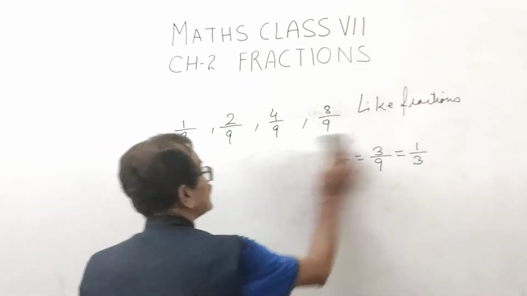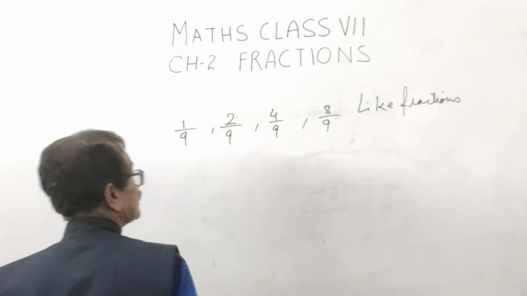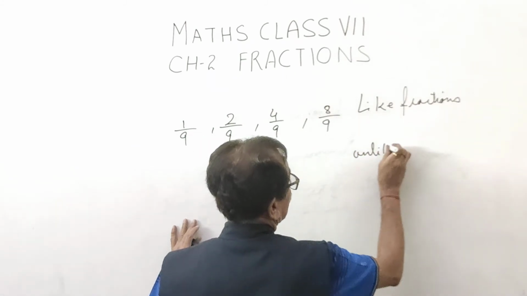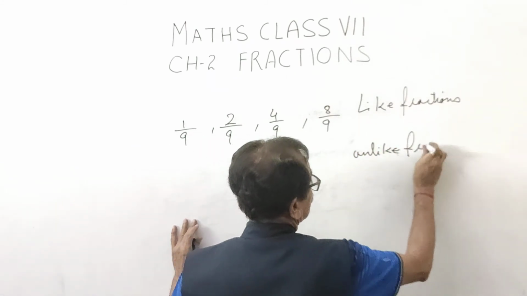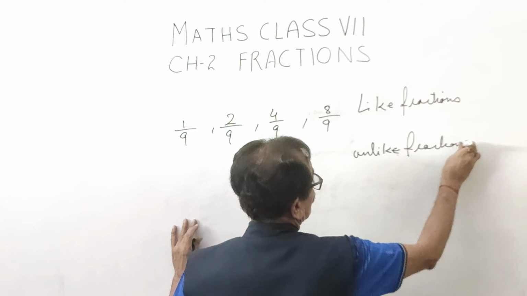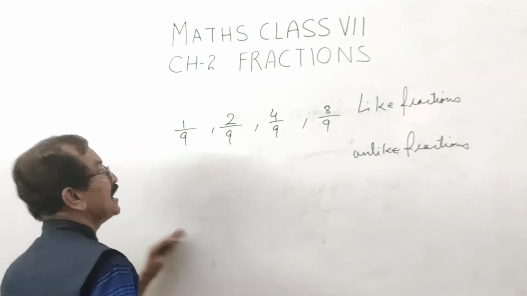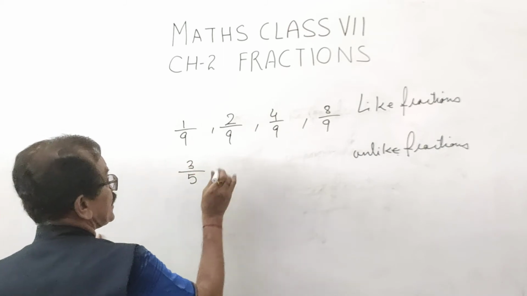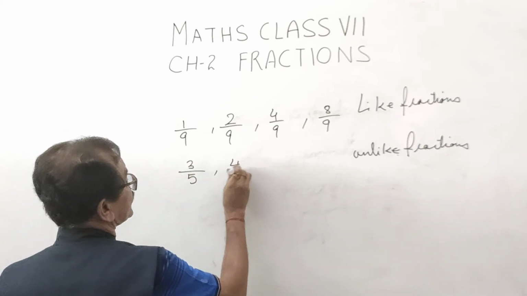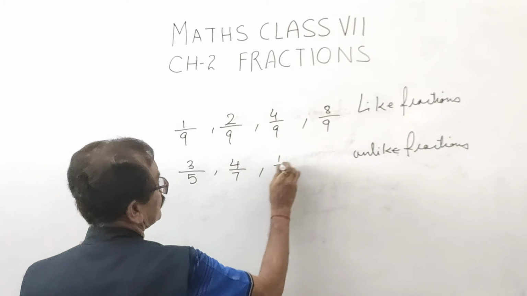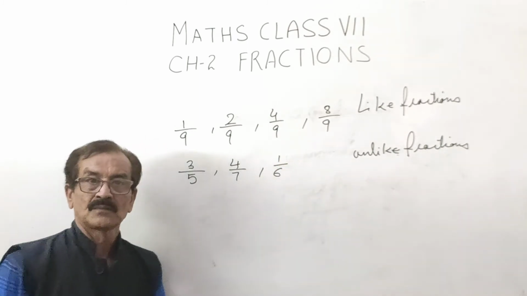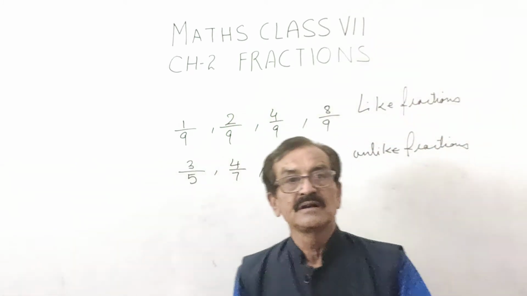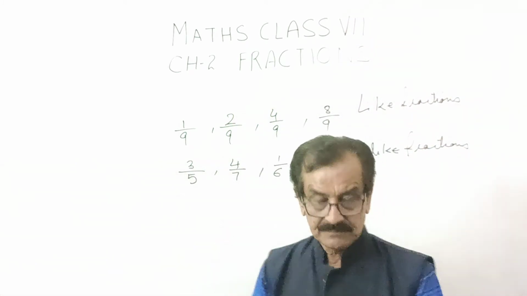Now, the other type of fractions, the unlike fractions. The unlike fractions are those in which the denominators are not the same. Here, the addition and the subtraction is not simple.